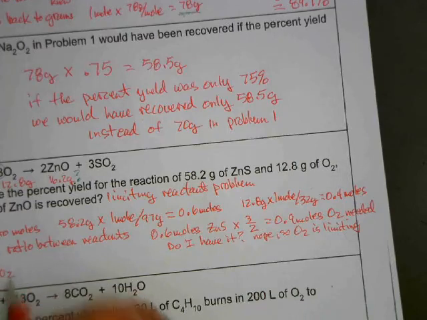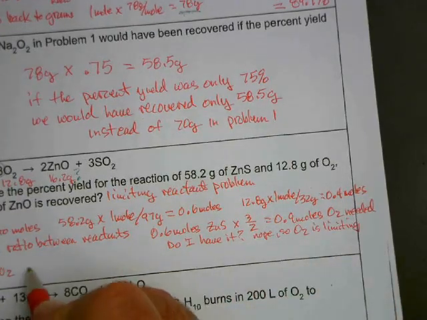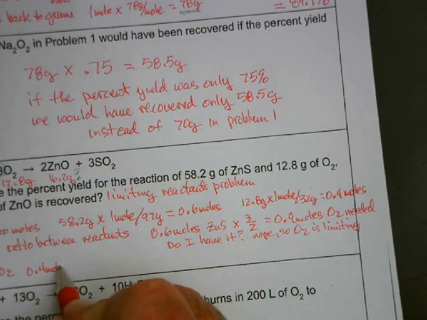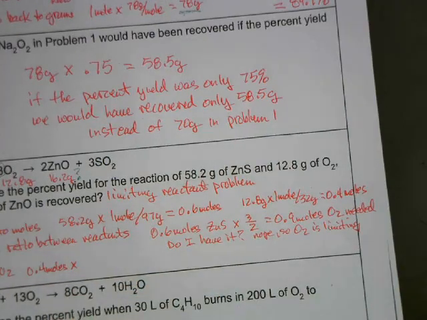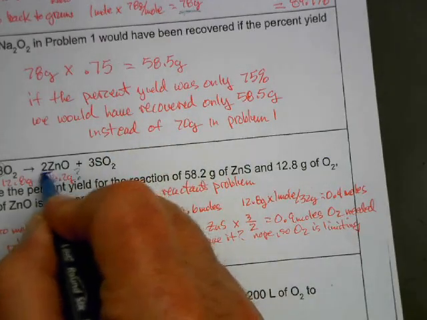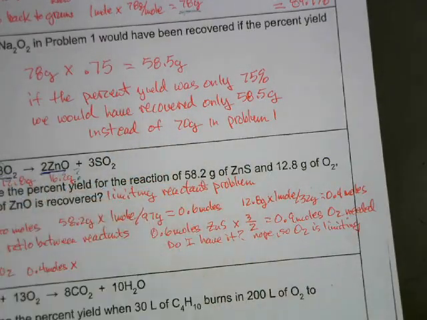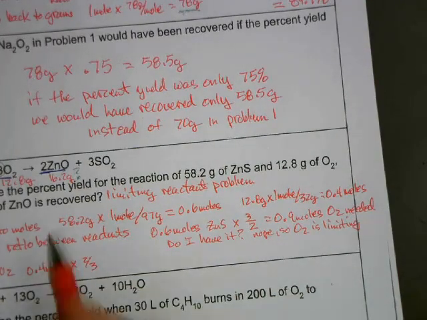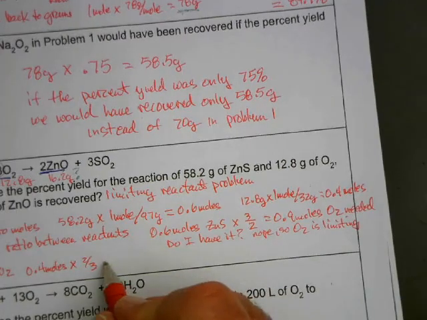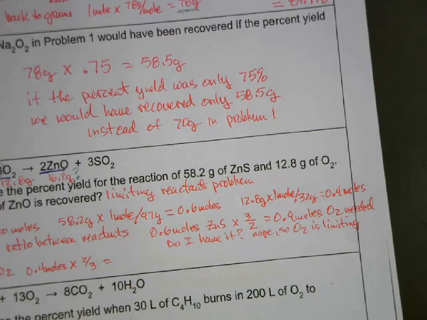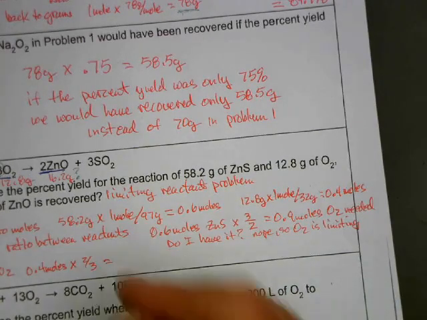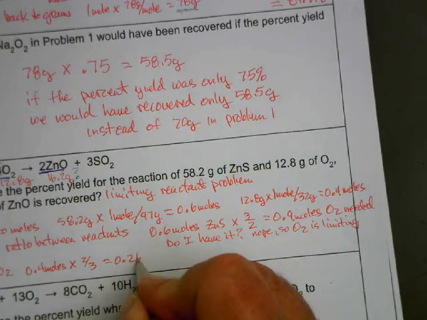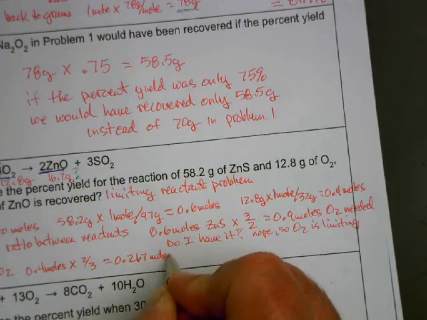So that was 0.4. Okay, now I have to look at, because what I wanted was this. Okay, that's the guy I want. So there's my mole ratio, 2-to-3, because the question mark is the zinc oxide. So 0.4 times 2 divided by 3, 0.267 moles of zinc oxide.